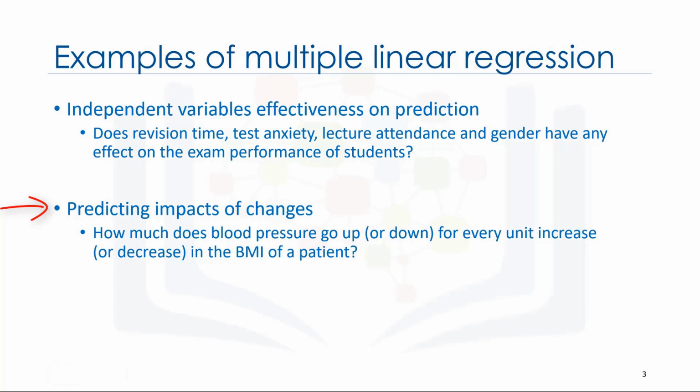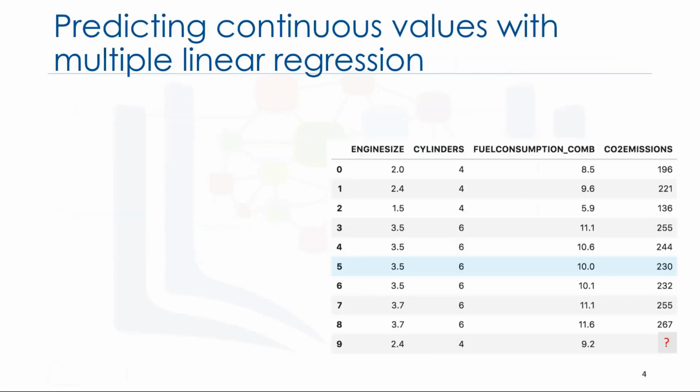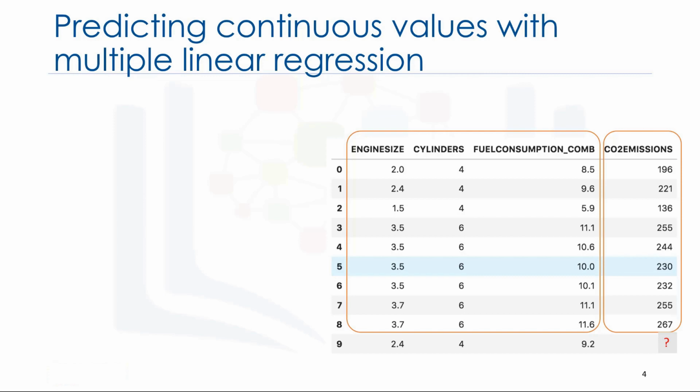other factors constant. As is the case with simple linear regression, multiple linear regression is a method of predicting a continuous variable. It uses multiple variables, called independent variables, or predictors, that best predict the value of the target variable, which is also called the dependent variable.